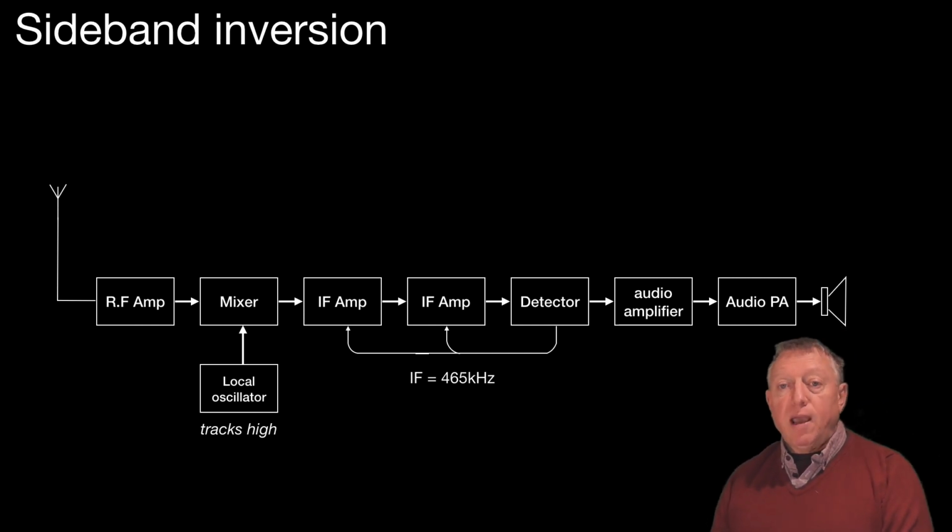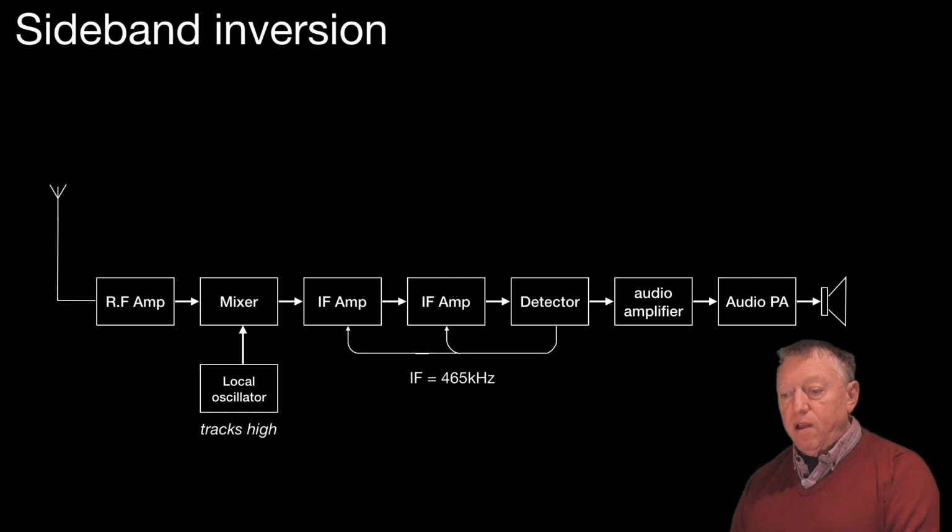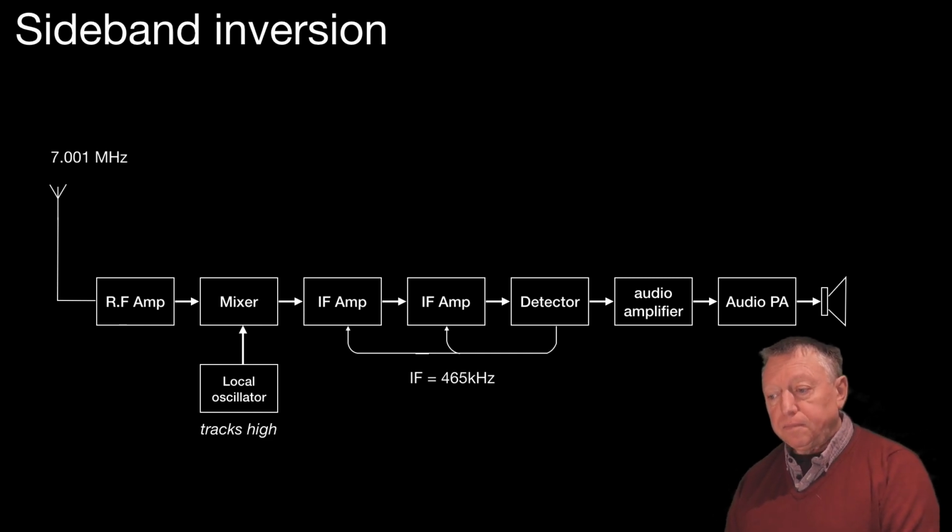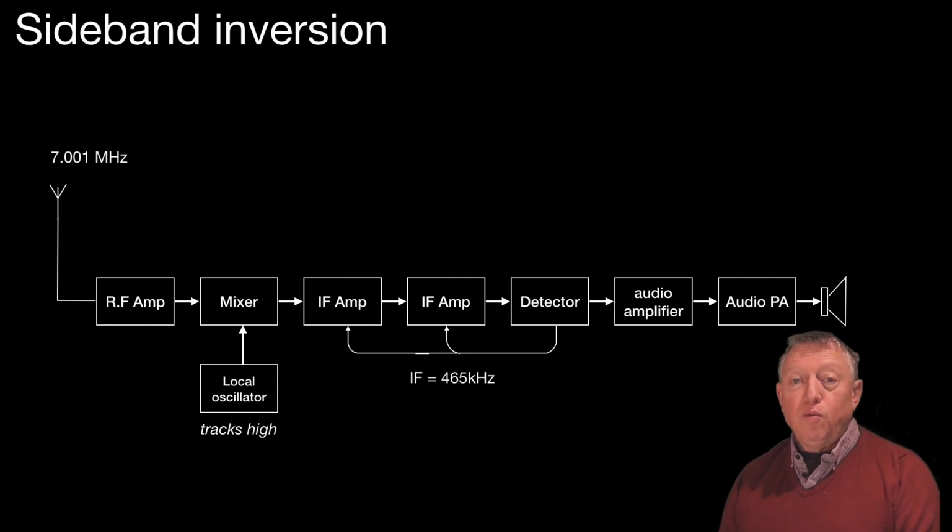That means it's going to be tracking above the signal frequency. So let's take an example where we take 7.001 megahertz coming in as the nominal center frequency that we're receiving. This is the same example as in the book Advance, so you can work through the example from the book as well.